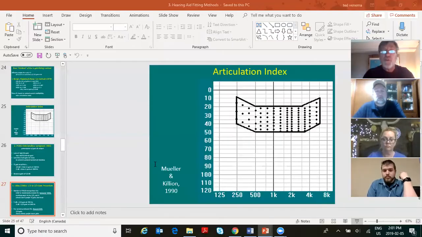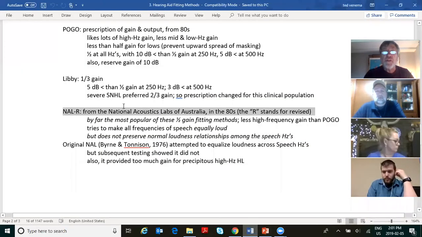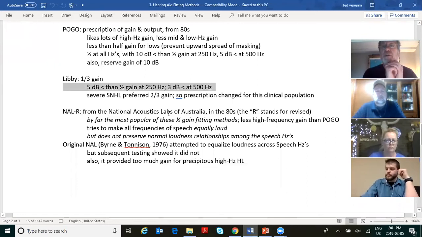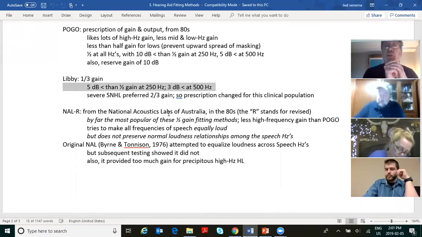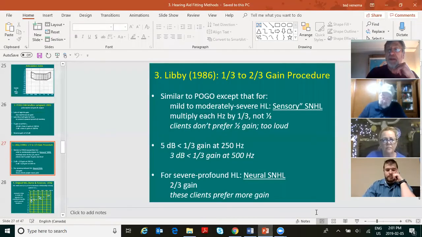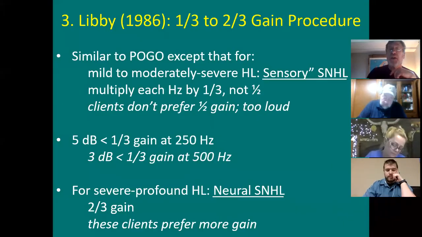So in your notes, this is incorrect. Change those halves to third. 5 dB less than 1/3 gain at 250. 3 dB less than 1/3 gain at 500. The PowerPoint slide has it correct. Okay? And then for severe to profound hearing loss, these guys like more gain.